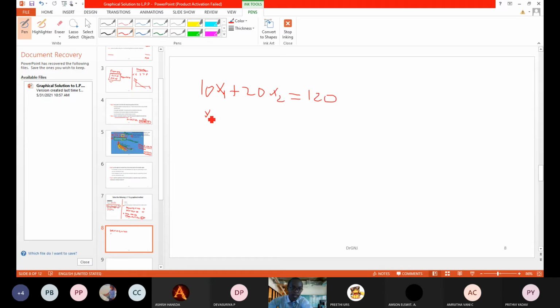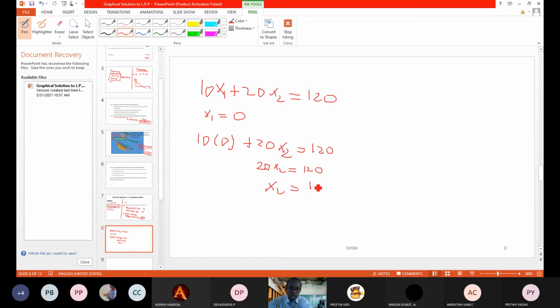Now x1 is equal to 0, so we remain with 10 times 0 plus 20x2 is equal to 120. This is 0, right? Now the equation remains with 20x2 is equal to 120.